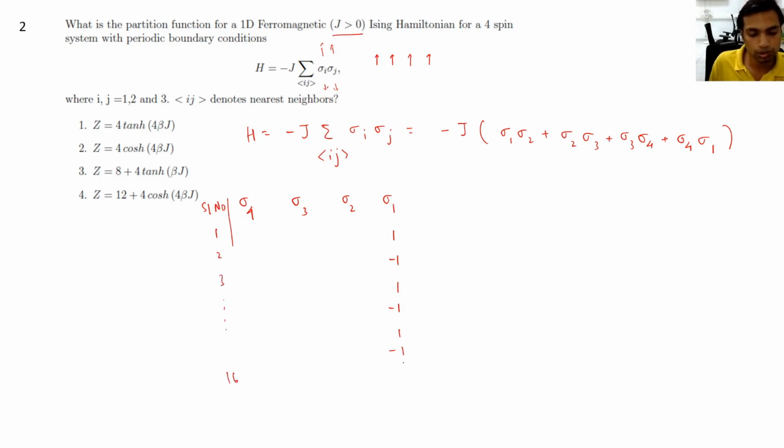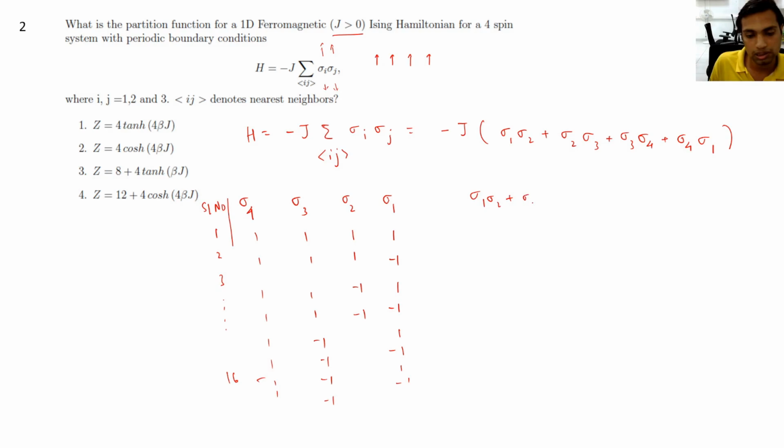You write 1, minus 1 alternating, then 1, 1, minus 1, minus 1, then 1, 1, 1, 1, minus 1, minus 1, minus 1, minus 1, and so on. Over the 16 rows, 8 times 1 and 8 times minus 1. This is how you do it.